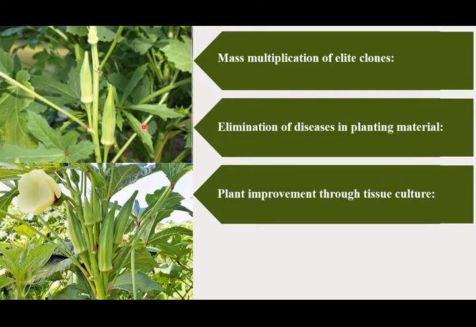Here the fruit production is very less, and the same is somehow manipulated by genetic recombinations, and here you are getting a plant which is showing a high yield of these okra fruits, and this variety can now be produced in large numbers using tissue culture methods. Thus tissue culture plays a very important role in plant improvement.